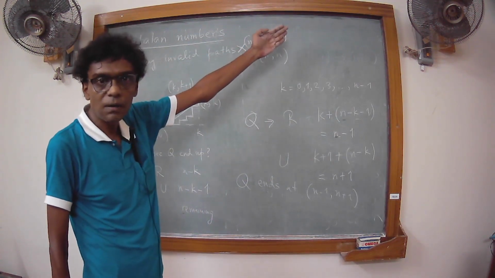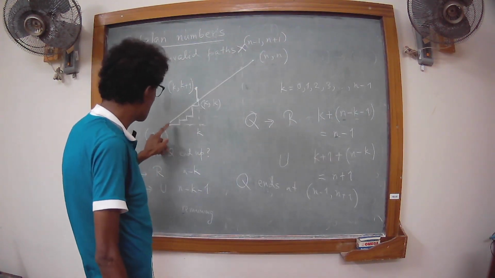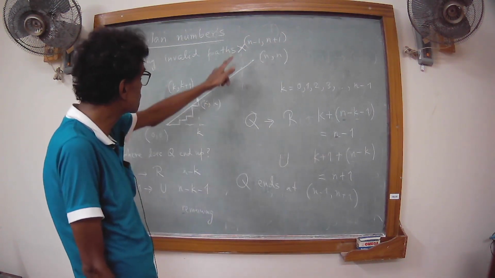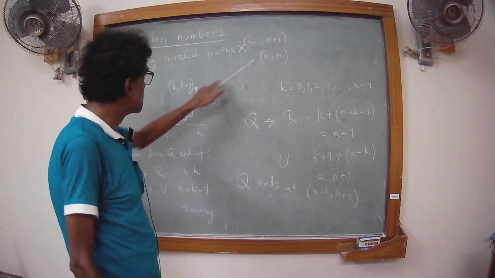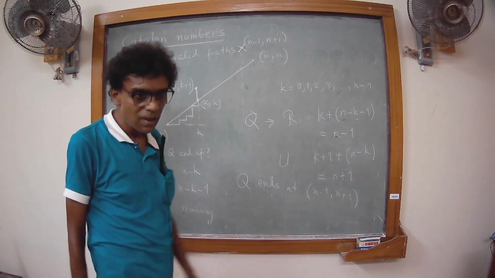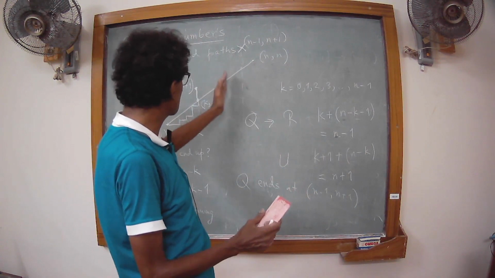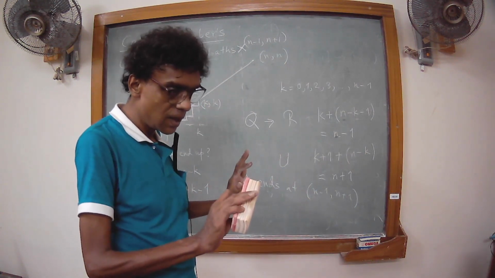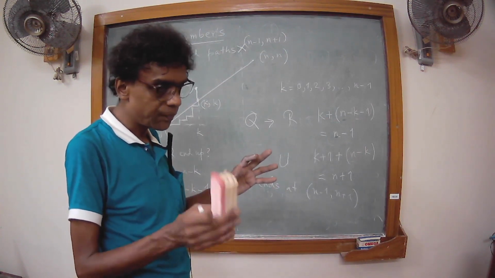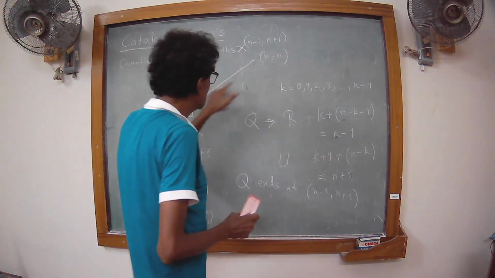Starting from 0, 0, our given path Q is going to n minus 1, n plus 1. So at some point, it will have to cross this line y equal to x. Maybe here, somewhere. And then if you reverse the construction, that is, at the first time it crosses this line, up to that point it's the same, and then reverse the R and U, then you will get an invalid path coming from 0, 0 to n, n.